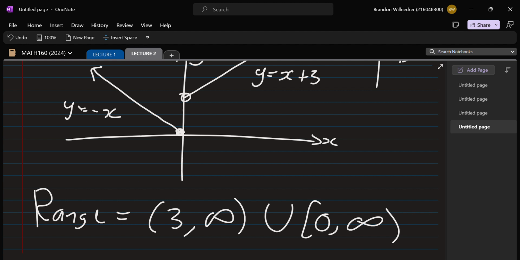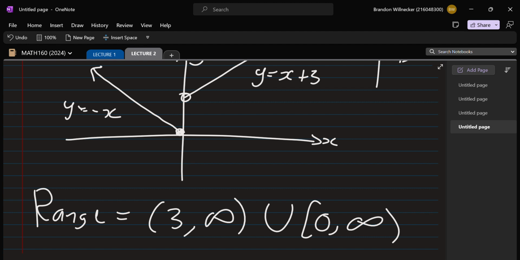And we want to take the union. Remember what happens with the union? We take everything from the first set, everything from the second set, we combine it into one set, but remember sets can't have duplicates. So from 3 to infinity, and from 0 to infinity, is there any duplication happening?